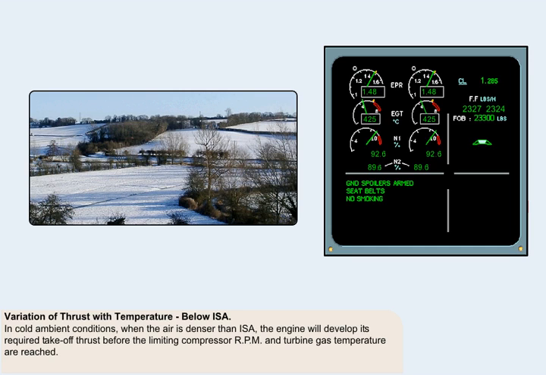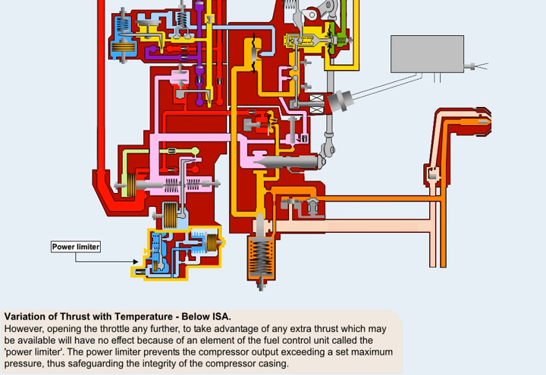In cold ambient conditions, when the air is denser than ISA, the engine will develop its required takeoff thrust before the limiting compressor RPM and turbine gas temperature are reached. However, opening the throttle any further to take advantage of any extra thrust which may be available will have no effect because of an element of the fuel control unit called the power limiter.